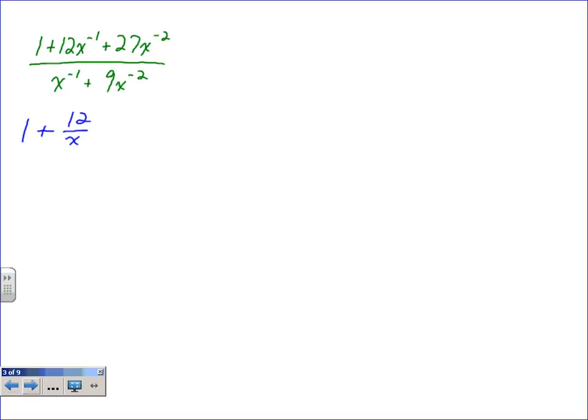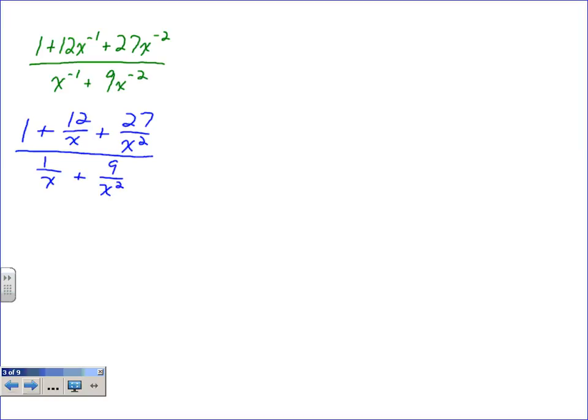Only the x goes in the denominator. Plus 27 over, now we'll make that x squared, over 1 over x plus 9 over x squared. So the first thing I did was to get rid of the negative exponents.